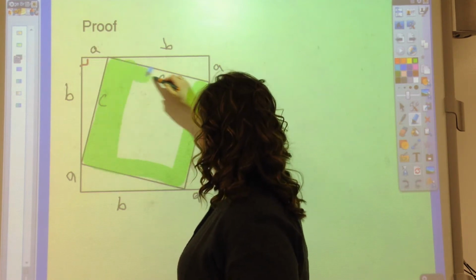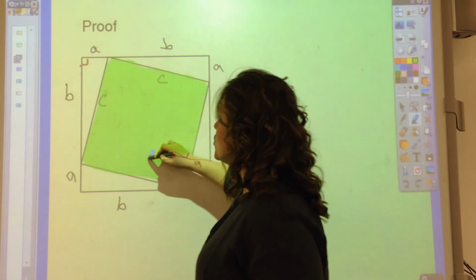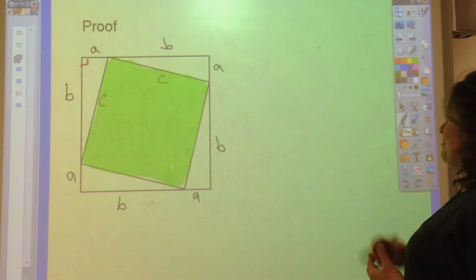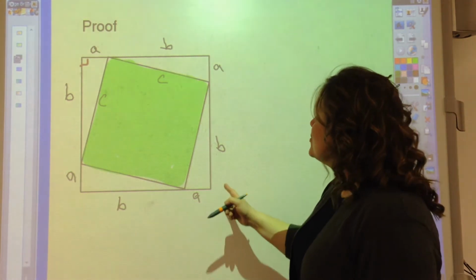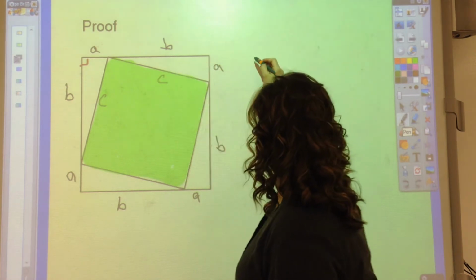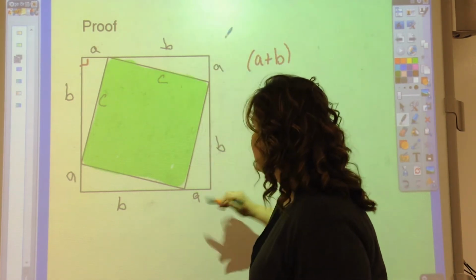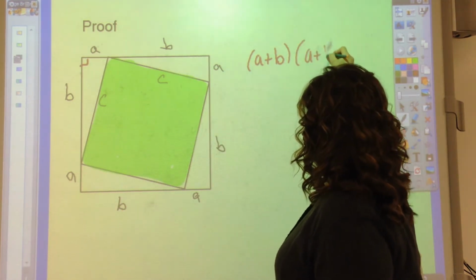Let's find the area of this square by finding the area of the big square minus the triangles. Hopefully we're familiar with that technique after doing that section on geometric probability. So the area of this big square is going to be A plus B, this whole side length, times this side length, which is also A plus B.